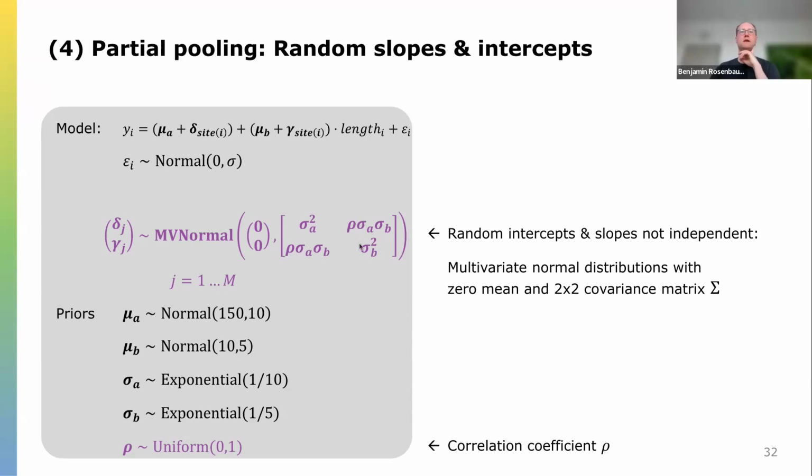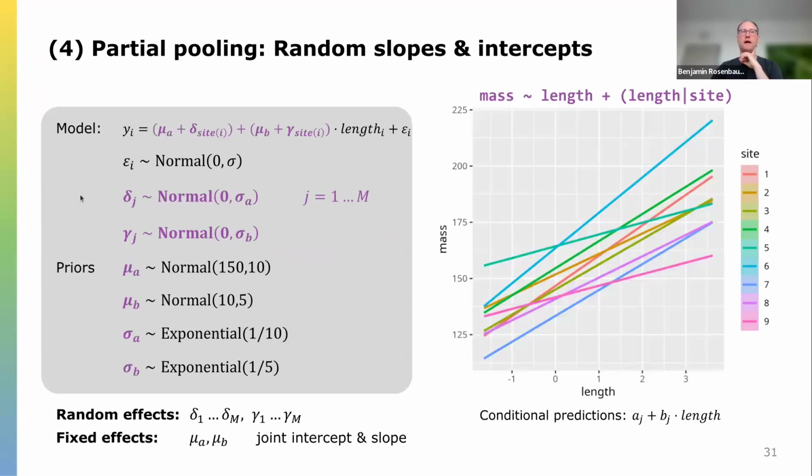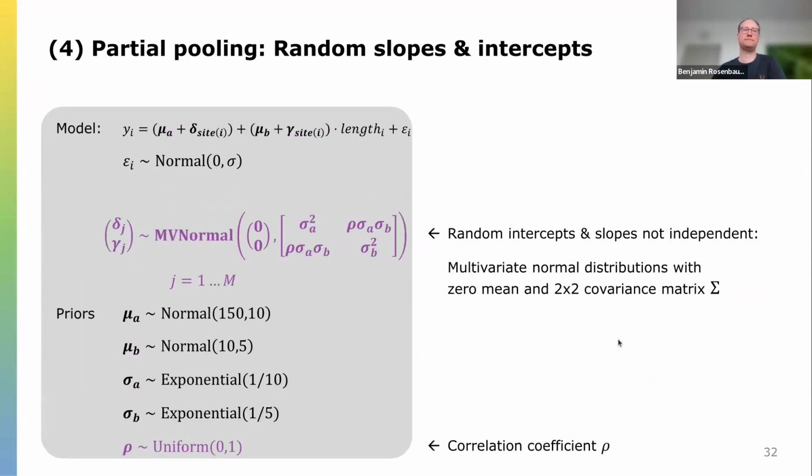The correlation is also estimated in the model. So they are not assumed to be independent. If the slope goes up, then usually the intercept goes down, so there might be some negative correlation here. And this is estimated as well.